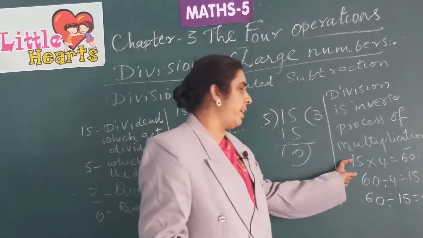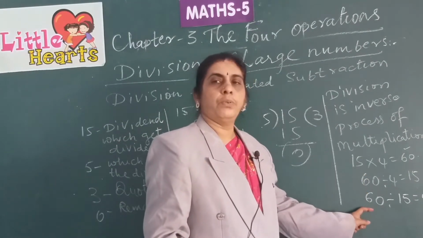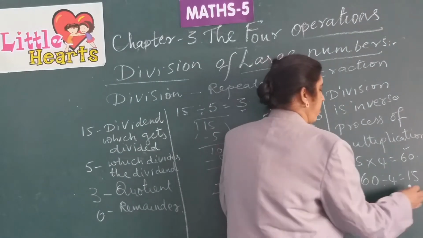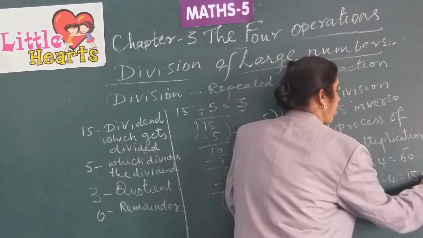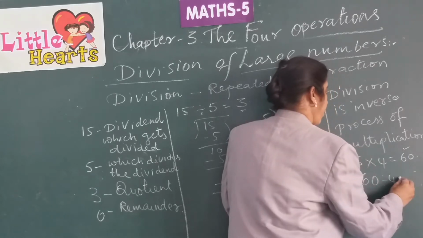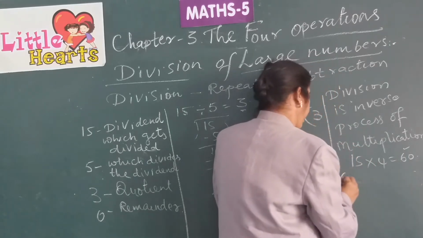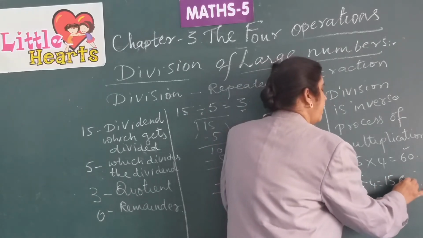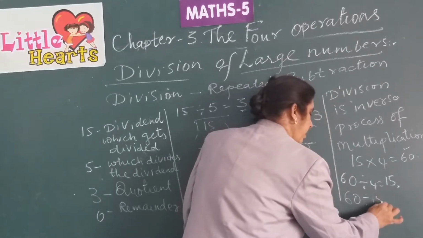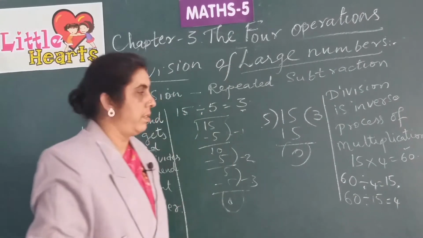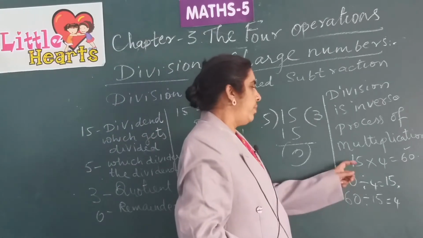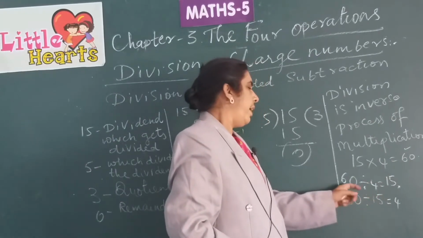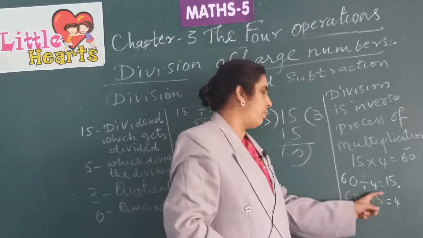For every multiplication fact, we get two division facts. 15 4s are 60. 60 divided by 4 equals 15, and 60 divided by 15 equals 4.